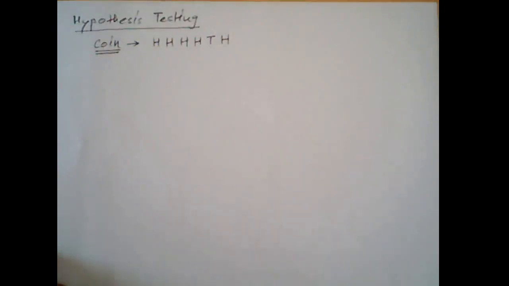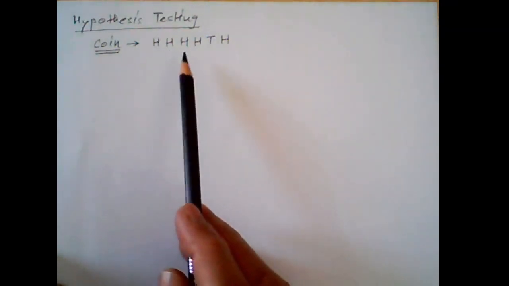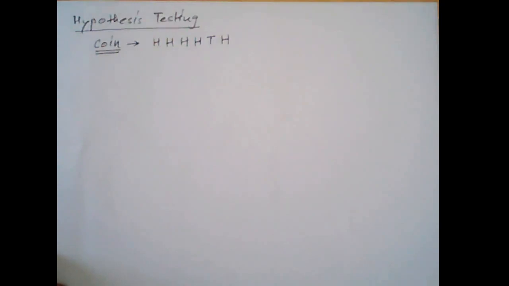So this is a situation where you need to do a hypothesis test. The dilemma here is whether the coin is fair or unfair. So let's see how we can go about doing this hypothesis testing.